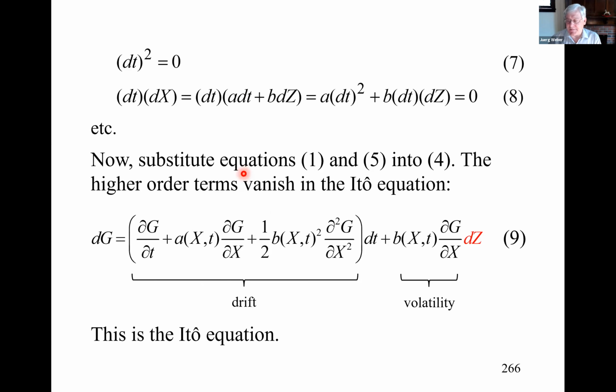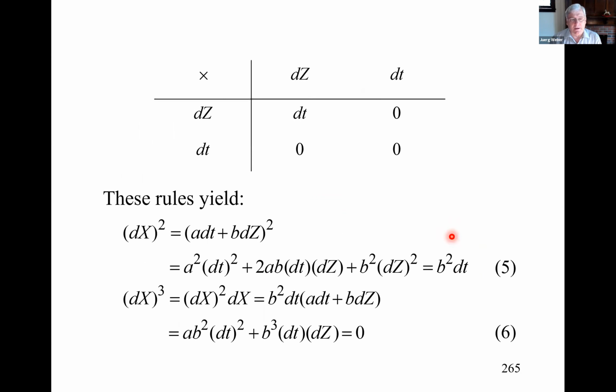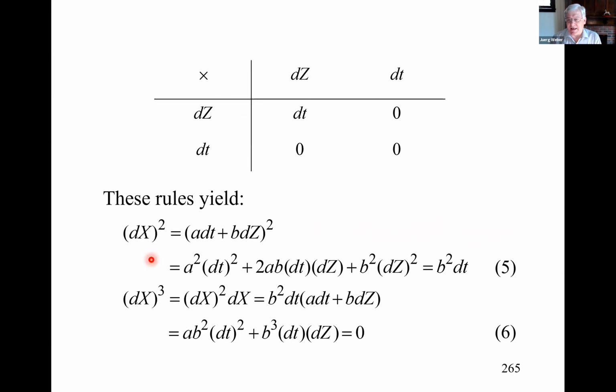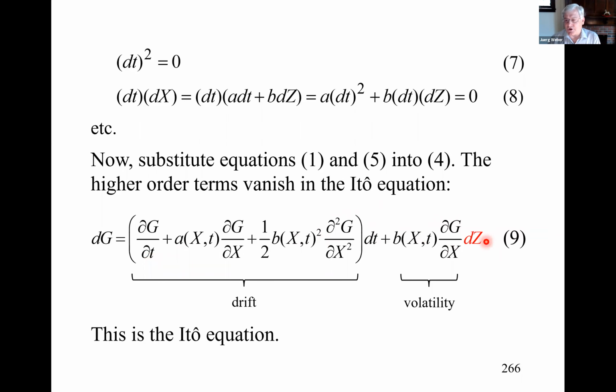So here I'm getting the same dz. If I have a strong positive shock in the original x, which puts upward pressure on the x variable, then I will have the same strong positive shock, which will put upward pressure now on the g variable.